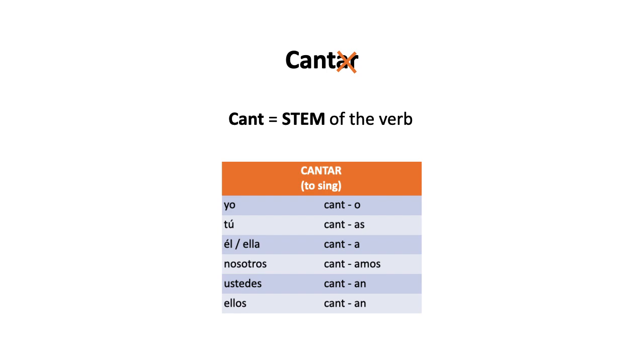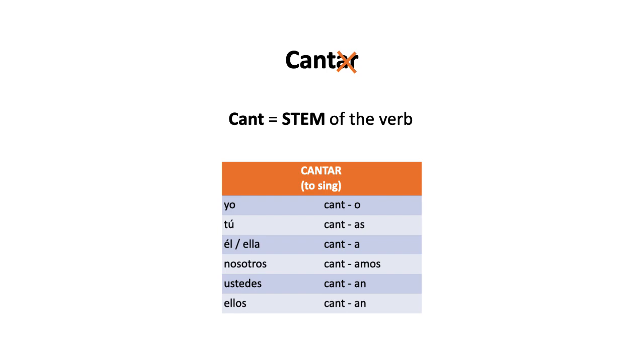If it ends in ar, it means it's an AR verb, so I add those endings, the ones I learned for AR verbs. If it ends in er, then I add those endings. If it ends in ir, I add those, right? So the endings that I add after the stem depend on the ending of the infinitive, right?